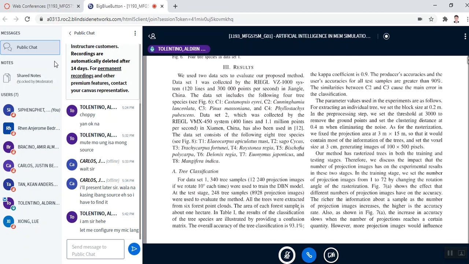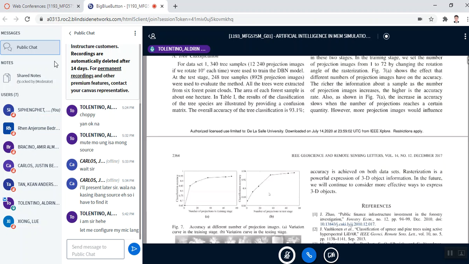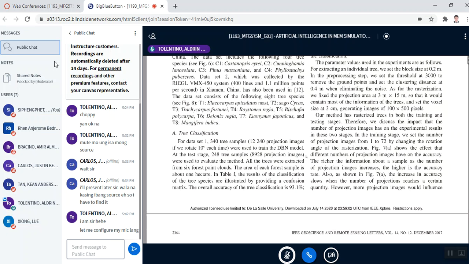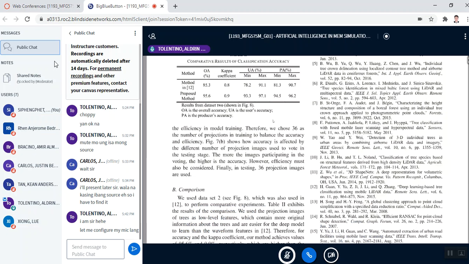And then the second data set had a comparison, because it already had an existing experiment wherein it also predicted which tree it identified. When they used this data set, they were able to get 95% accuracy and 0.9 kappa coefficient.